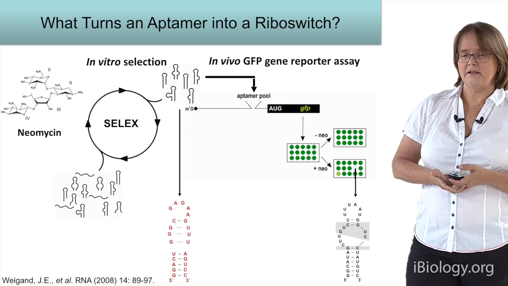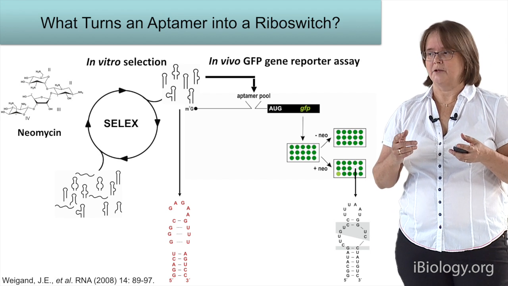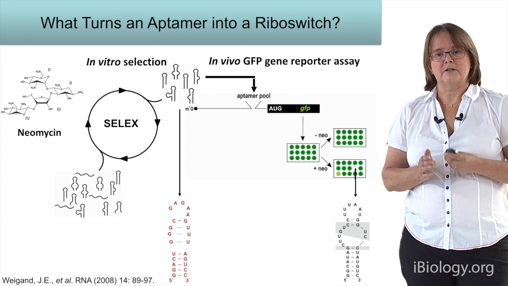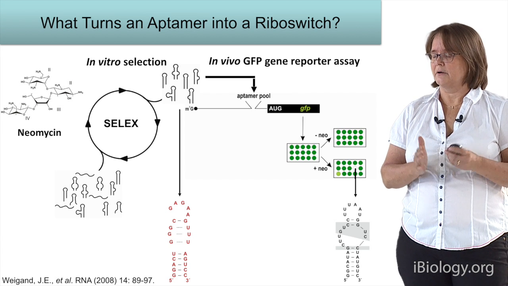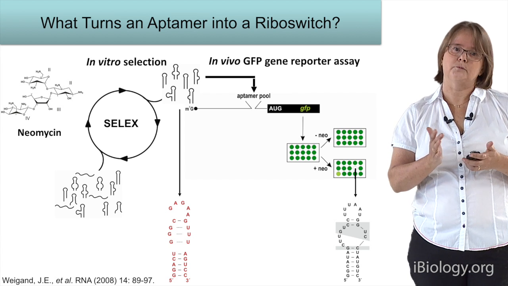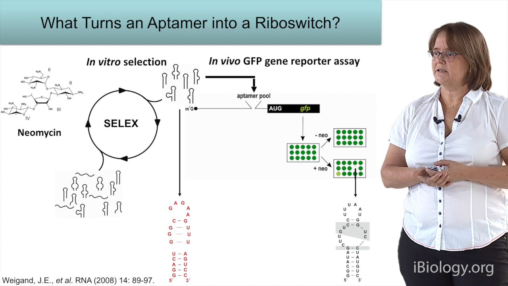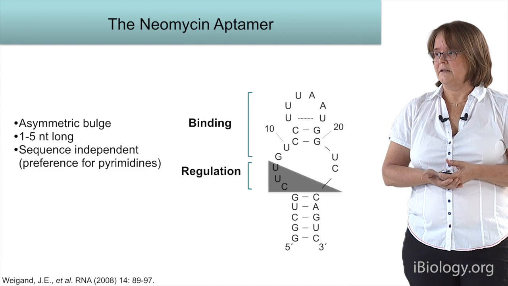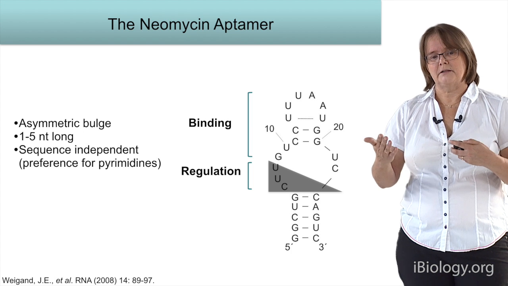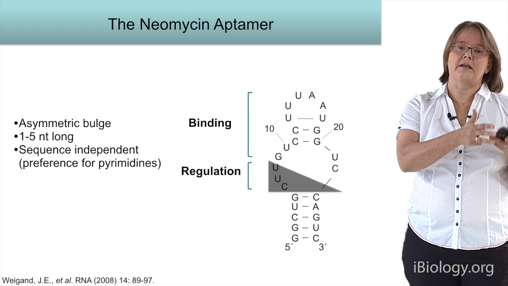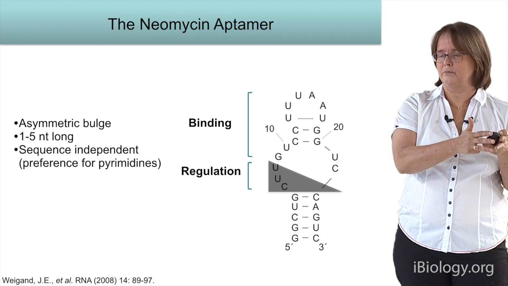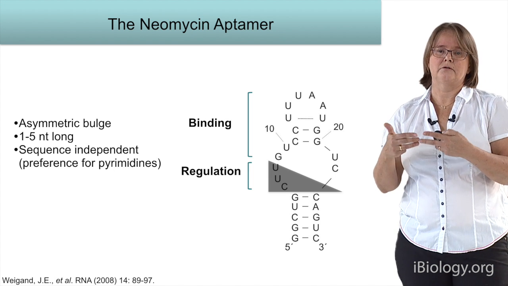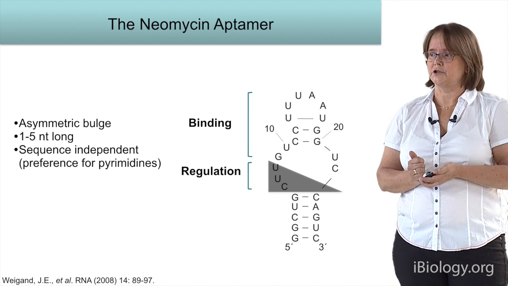However, if you sequence this in vitro selected aptamer pool, and this is the red guy here, then you end up with a completely different aptamer. You have the same stem loop structure, but the sequence is completely different. That's why we were interested why the one, the black one, is active, and the red one was not able to build up riboswitches.